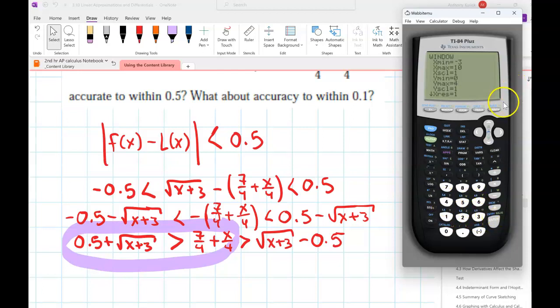Make that 4. Graph again. So this is my square root piece. There's my other piece. So that part is below from here to there, it looks like, right? The straight line is below. So I'm going to find those points.